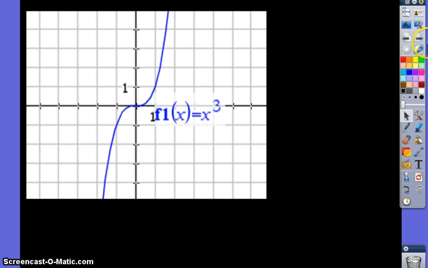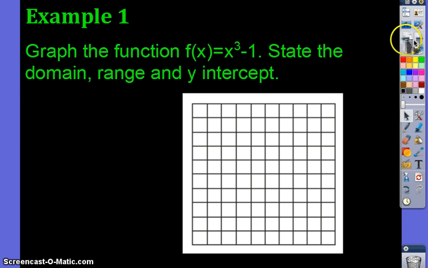And so let's look at some things that we want to do here. First of all, we want to graph the function x cubed, take away 1, and then state the domain and range and the y-intercept. If we're going to do a cubic function, we need to pick just any number. It doesn't necessarily matter. We want to probably pick some positive and negative numbers to plug in.